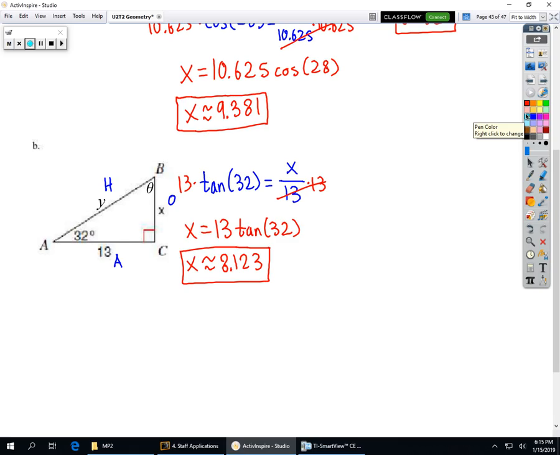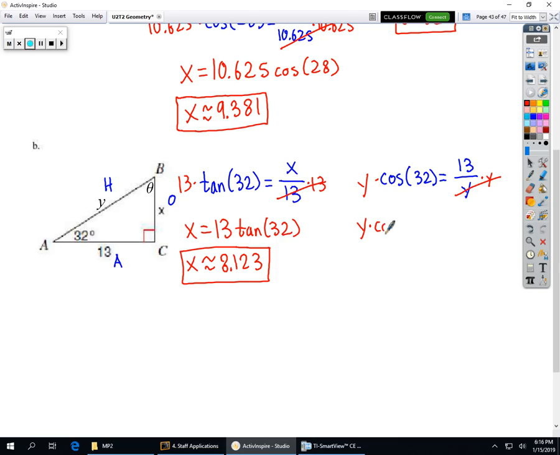I do need to find y now. So I could use a and h. And in that case, a and h is cosine. So let's set up a cosine equation. Cosine of 32 equals a, 13 over y. Multiply the y to both sides. Cancels here.